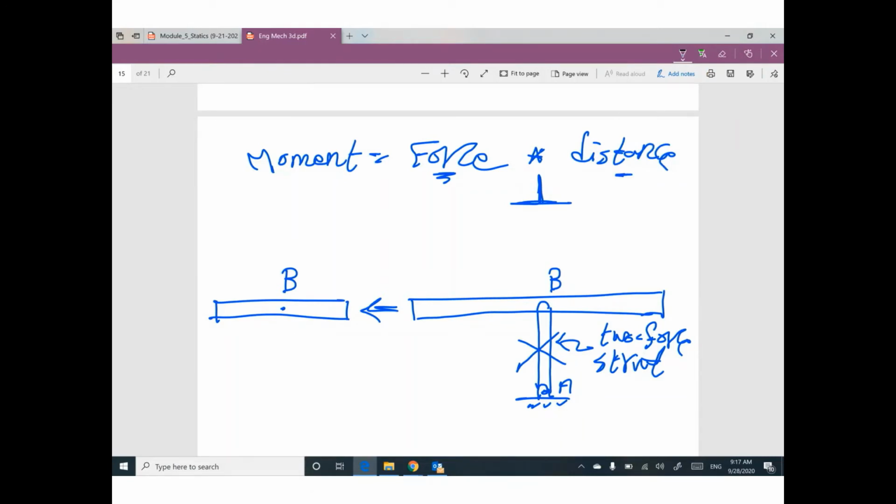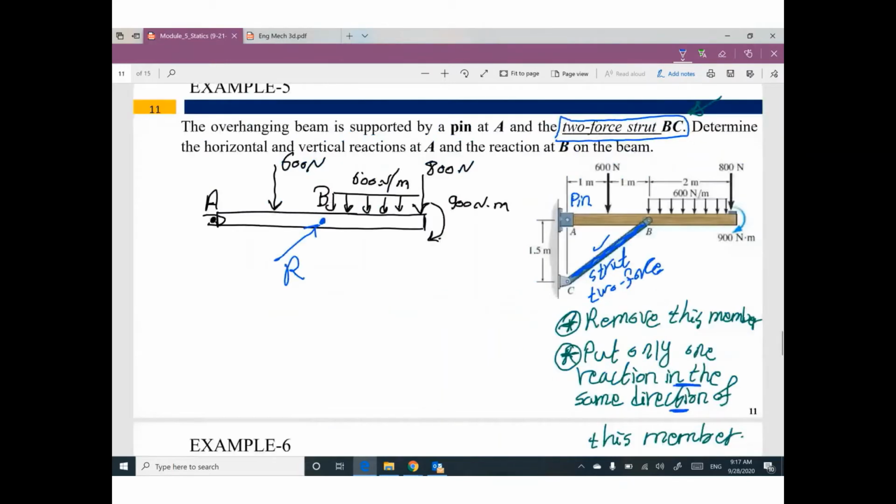Which direction? Vertical or horizontal? In the same direction of the member. In this case, your member is vertical. That means your reaction will be vertical. If your member is horizontal, your reaction will be horizontal. If your member is inclined, your reaction will be inclined in the same direction of the member.